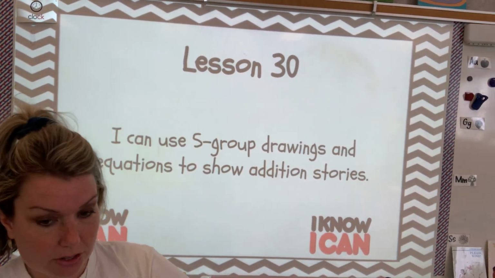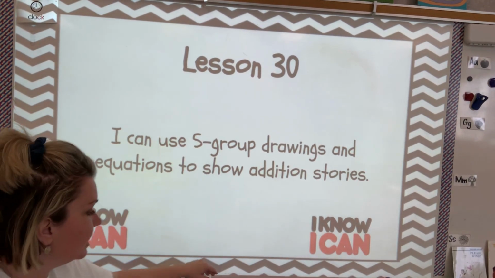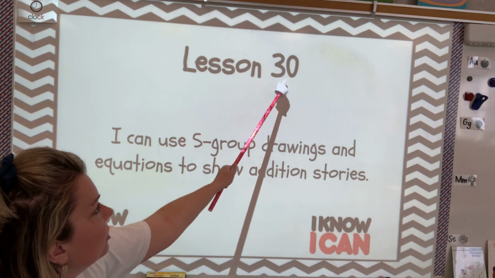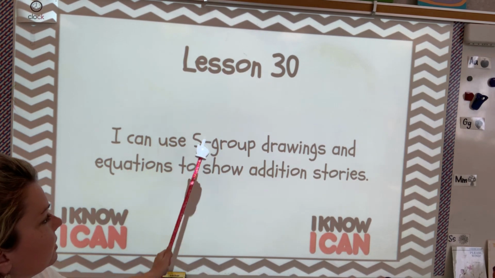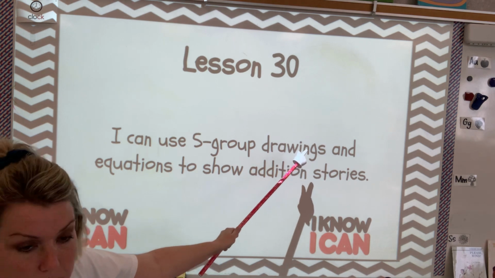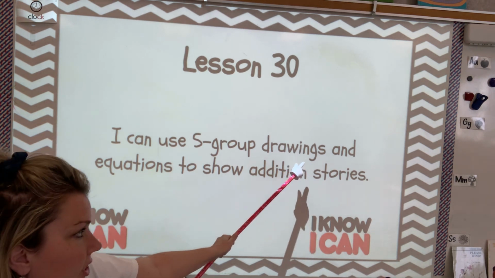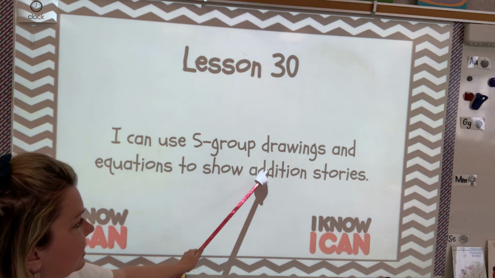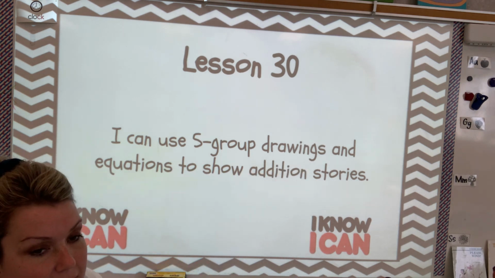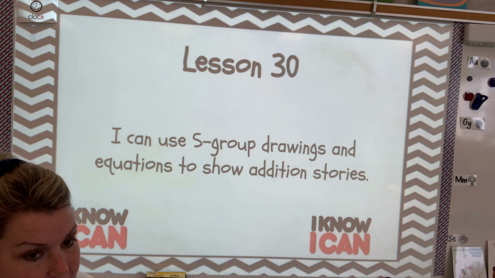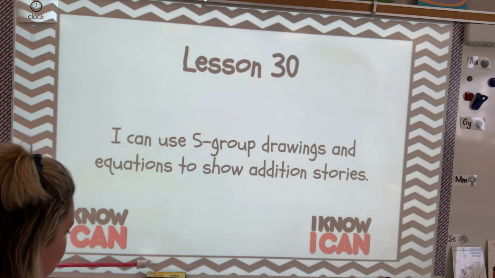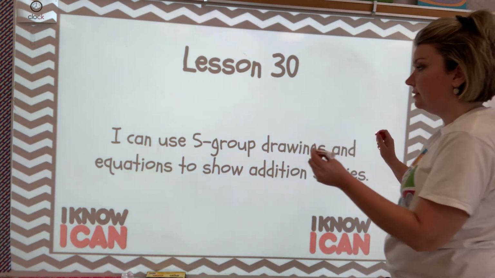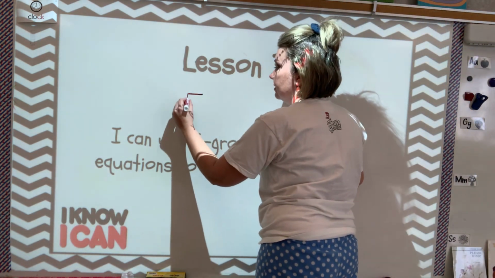So, if you look behind me at our I can statement for math, it says lesson 30. I can use 5 group drawings. We talked a lot about that yesterday. And equations to show addition stories. It's the same I can statement from yesterday. An addition equation, remember, an equation is a fancy-nancy word for a number sentence, would look like this.